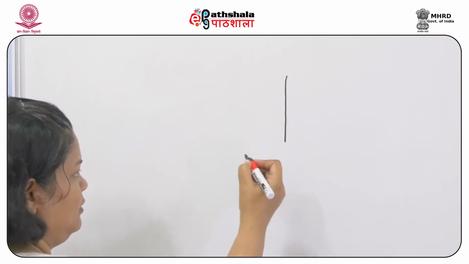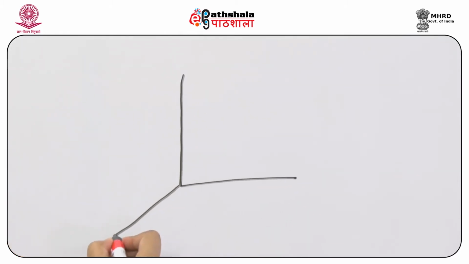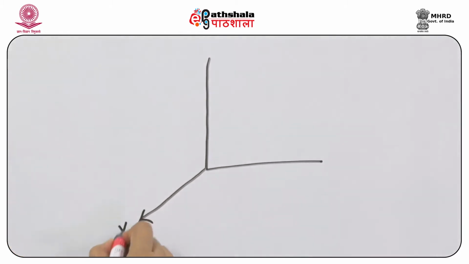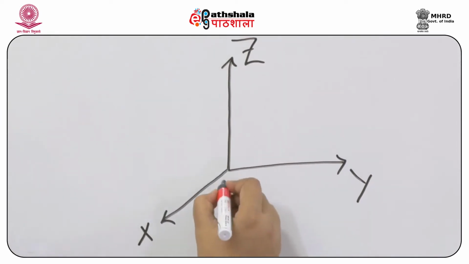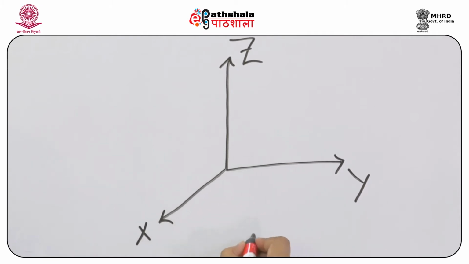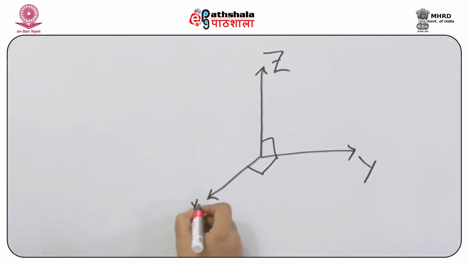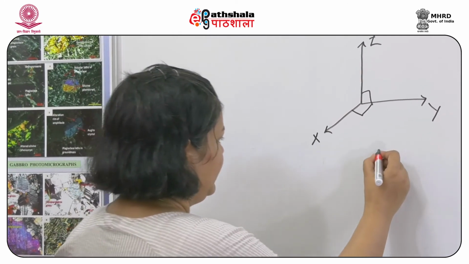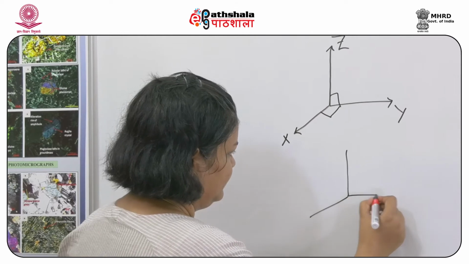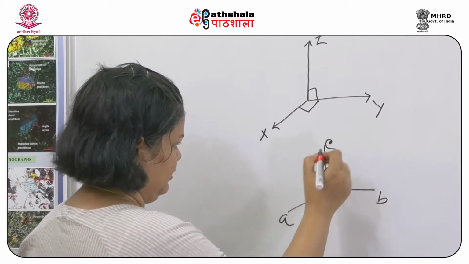For simplicity, we can start off with three crystallographic axes, x, y, and z, which are all of equal length and subtend an angle of 90 degrees to each other. In crystallography, instead of x, y, and z, which is the Cartesian coordinate system, we adopt a system called the A, B, and C crystallographic system.